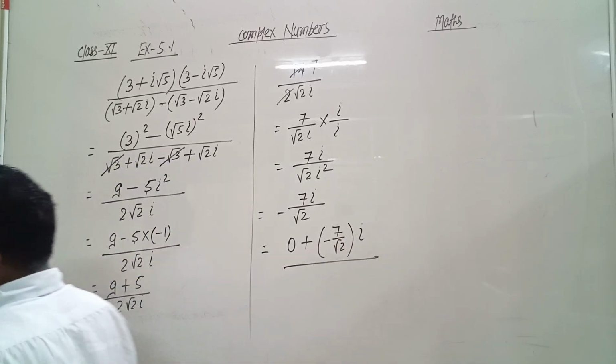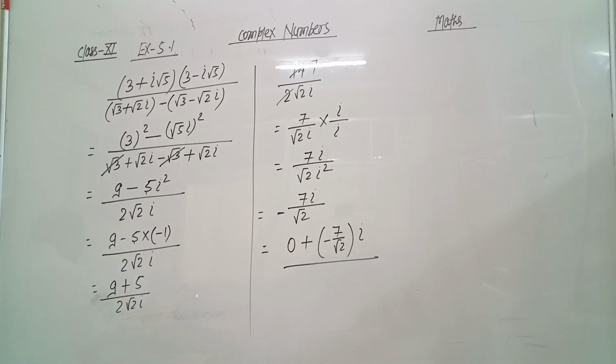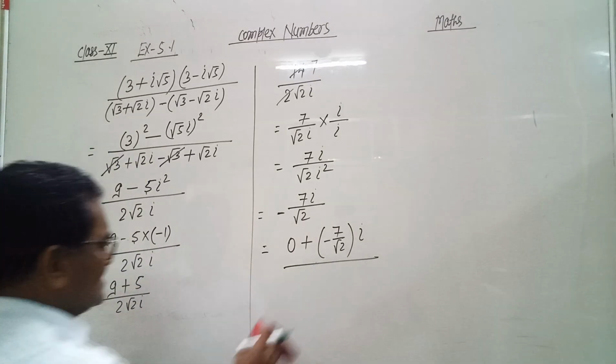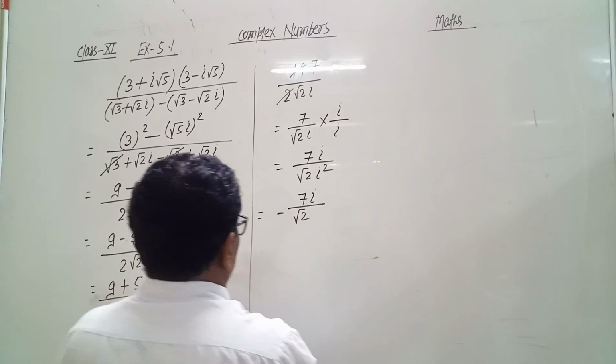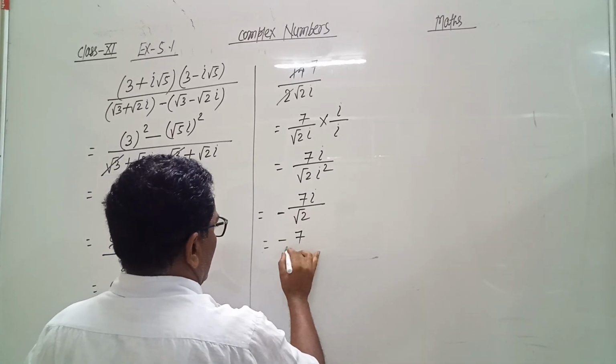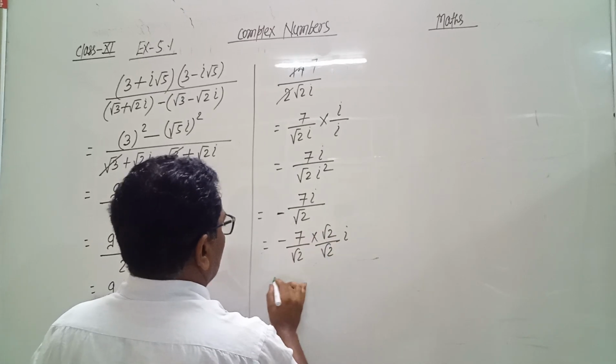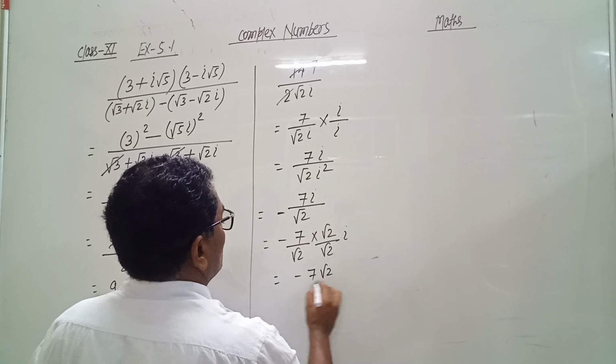So this has been expressed in the form a plus iota b. We can also rationalize: minus 7 by root 2 multiplied by root 2 in numerator and denominator, so we get minus 7 root 2 upon 2.